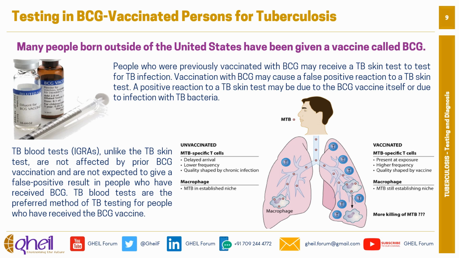A positive reaction to a TB skin test may be due to the BCG vaccine itself or due to infection with TB bacteria. TB blood tests, IGRAs, unlike the TB skin test, are not affected by prior BCG vaccination and are not expected to give a false positive result in people who have received BCG. TB blood tests are the preferred method of TB testing for people who have received the BCG vaccine.